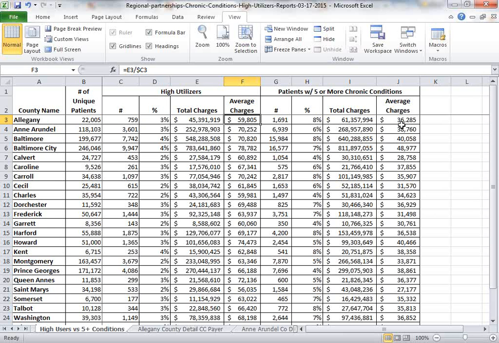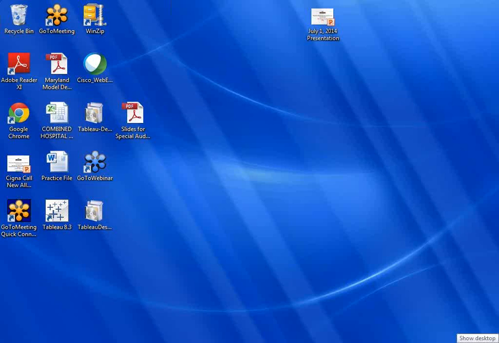Okay. Sue Myers' question was for the high utilizers, does that include 3 or more inpatient visits and observation days, or are the observation days not included? So for the Excel sheet, the high utilizers are just defined as patients that had 3 or more inpatient and/or observation encounters in 2012.